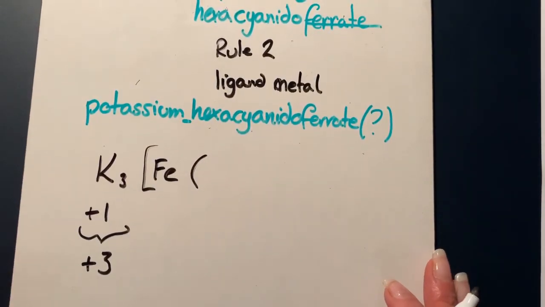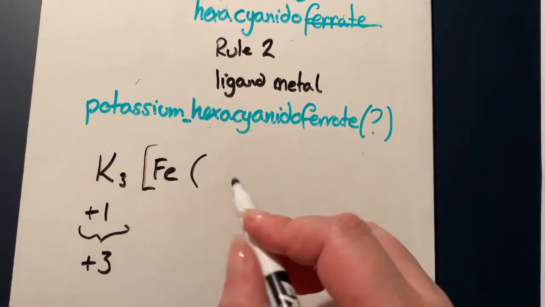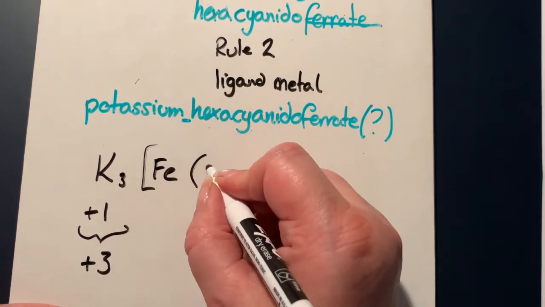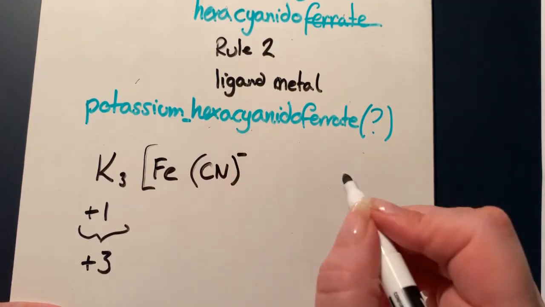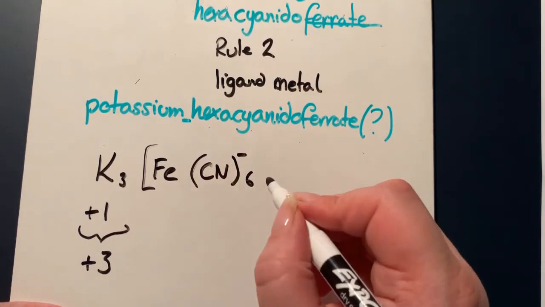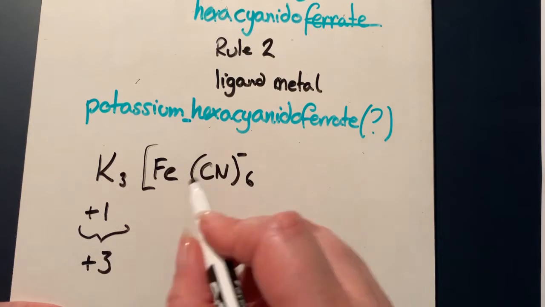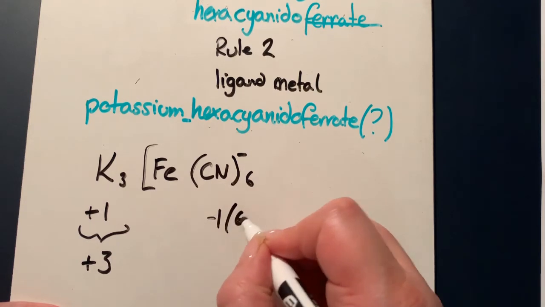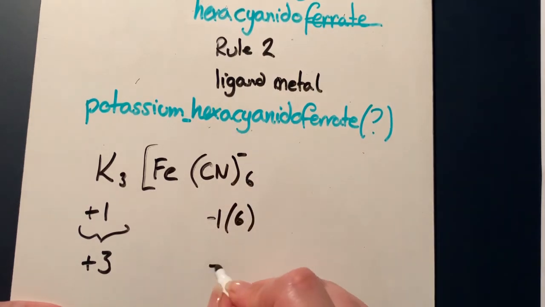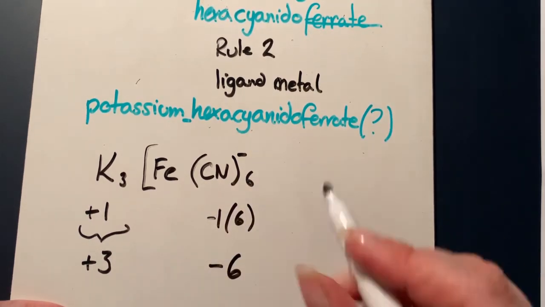So coming back down to this, we've then got these cyanides, and we said earlier that they were negative, and there's 6 of them. So that's going to be 6 lots of -1, so that's -6.